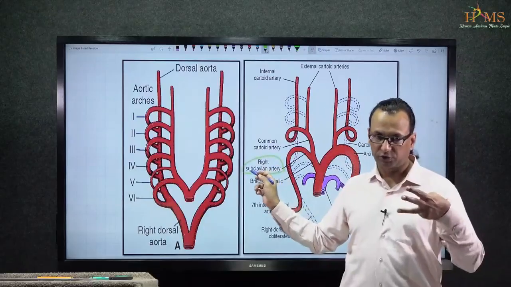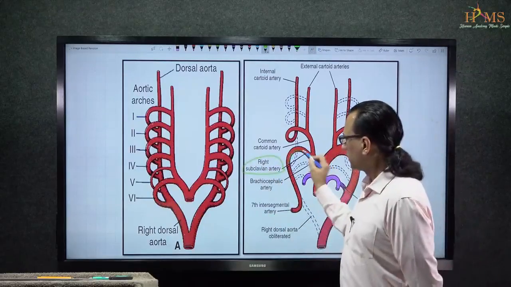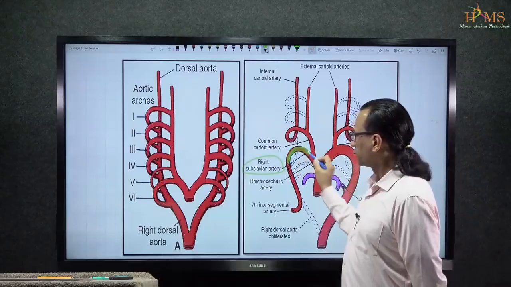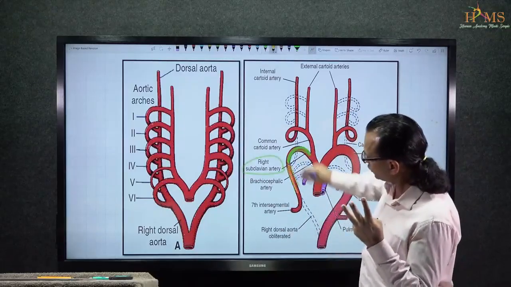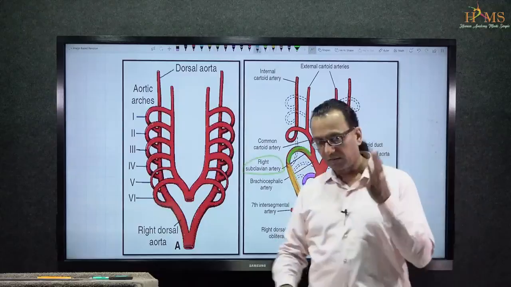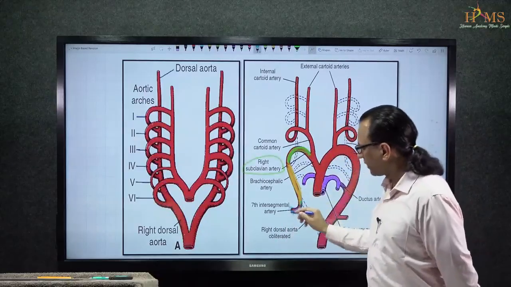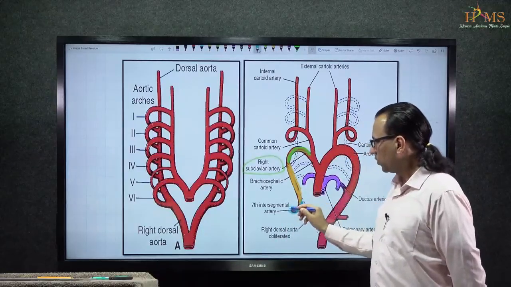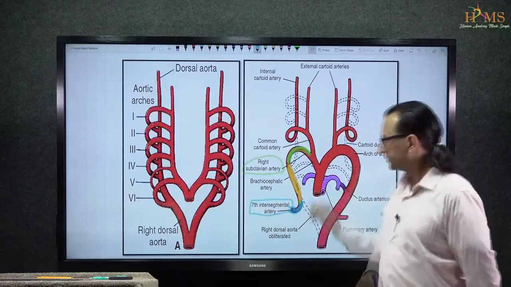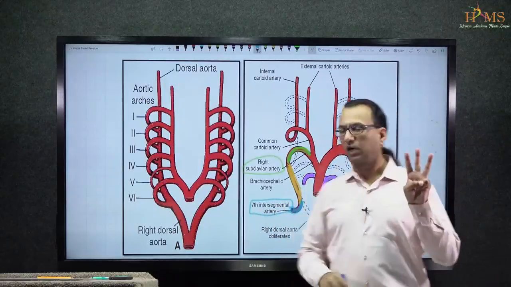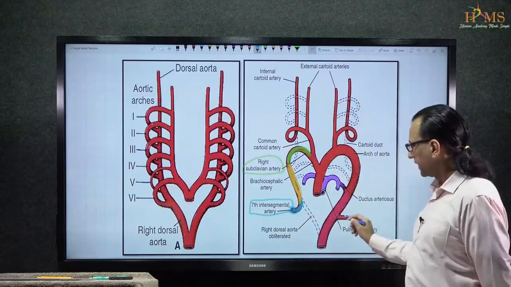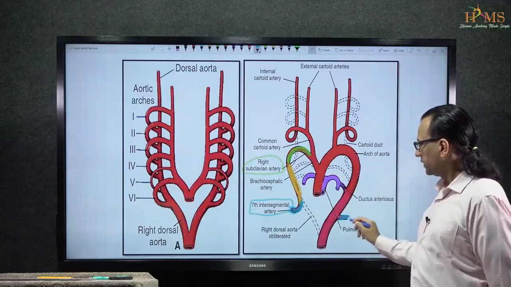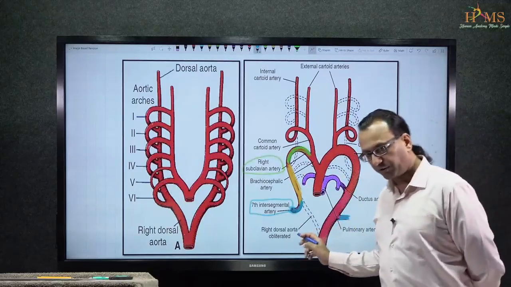It will have 3 contributions. One is the right-sided 4th arch artery. Next is the part of the right dorsal aorta. And third is the intersegmental artery number 7 on the right side. So 3 contributions are there for right subclavian artery, whereas the left subclavian artery directly comes from the intersegmental artery number 7.